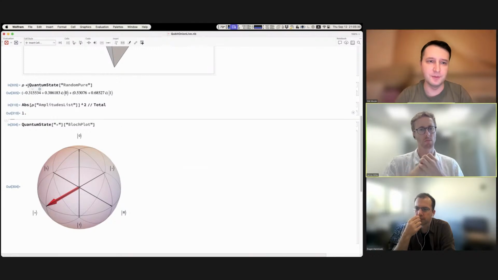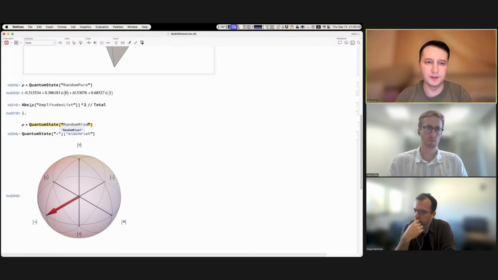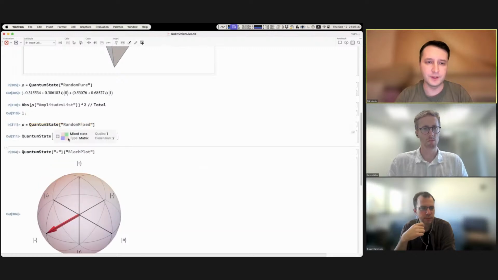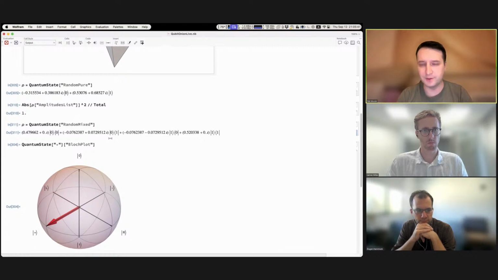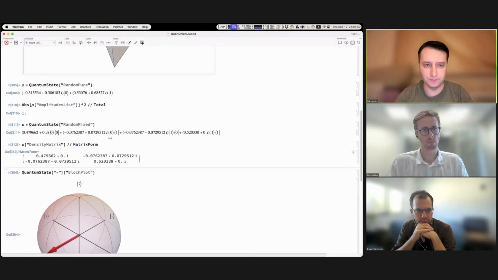If it's a mixed state instead, rather than a pair of quantum amplitudes, it has to be represented by 4 numbers, which is not the degrees of freedom. Essentially you have to represent it with the density matrix. Now it's a matrix, so it's 2 by 2, right?